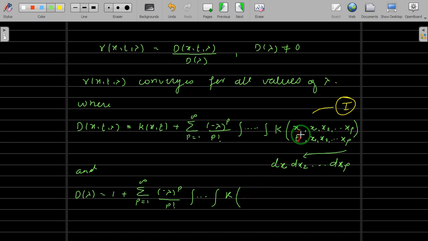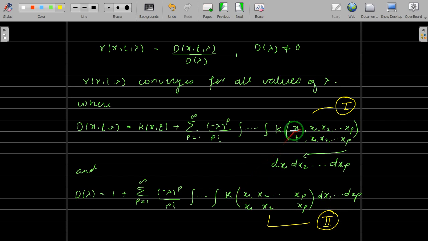Compared to this, we don't have x and t, because when you integrate, all the variables go. Here we have x comma t, so D is a function of x, t and lambda. But in this case there is no x and t, so this is x1, x2, up to xp, x1, x2, up to xp, and then those integrals dx1 up to dxp. Let me write this as equation 2.